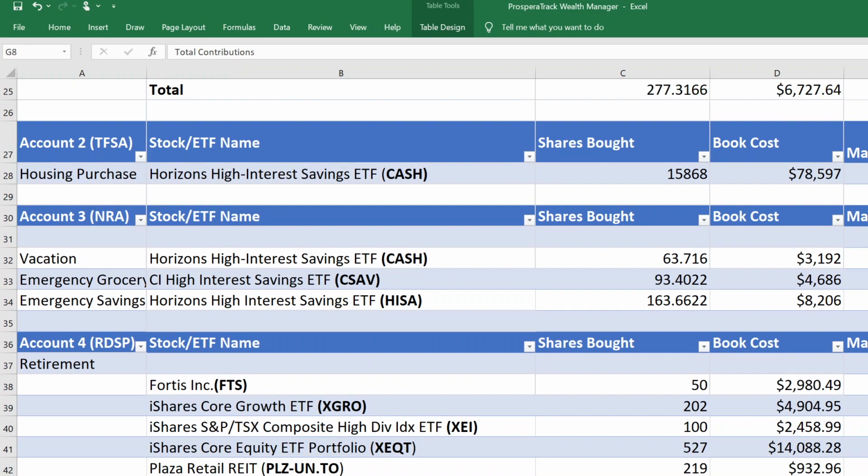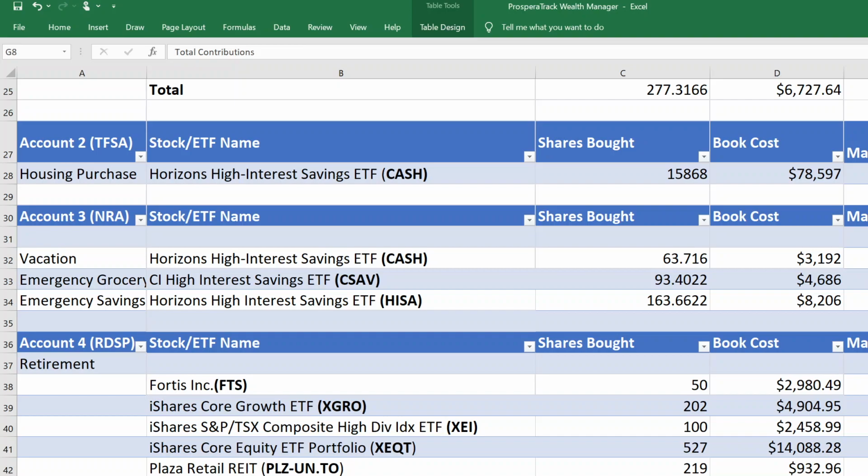My non-registered account, as you can see, has a purpose for each particular share. One thing that I really love about this product that I've created here is I can track different goals in this column. Let's say, for example, I'm using this to track my vacation fund. Again, I've invested cash into this.